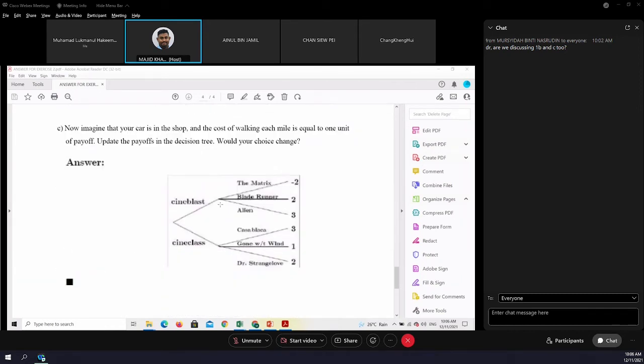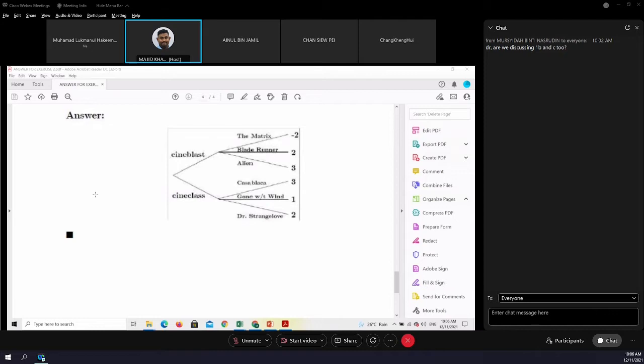So this is how you should answer question number 2, because it's about you. It means it's only referring to one player. Again, it does not involve two players. When you start to have two players, you will start to have two payoff values. So make sure you understand the question properly.